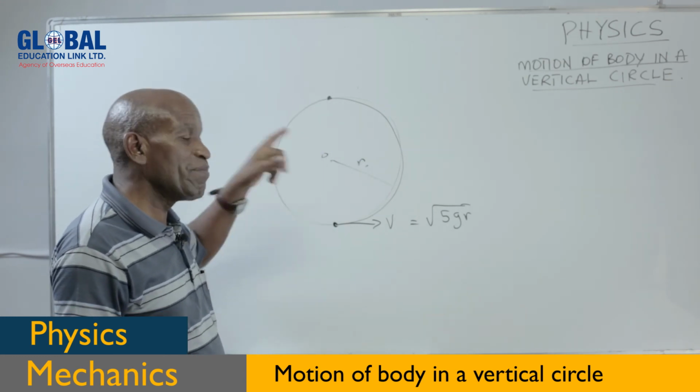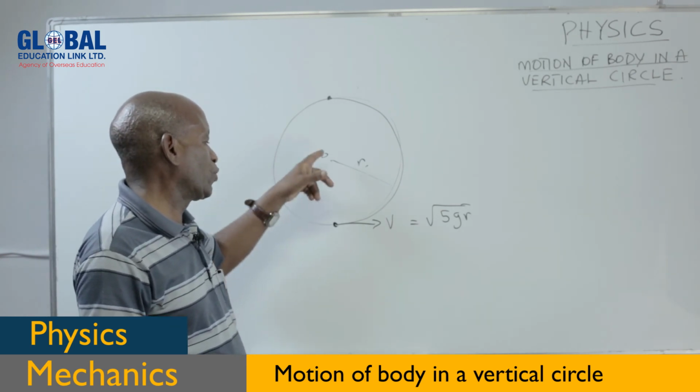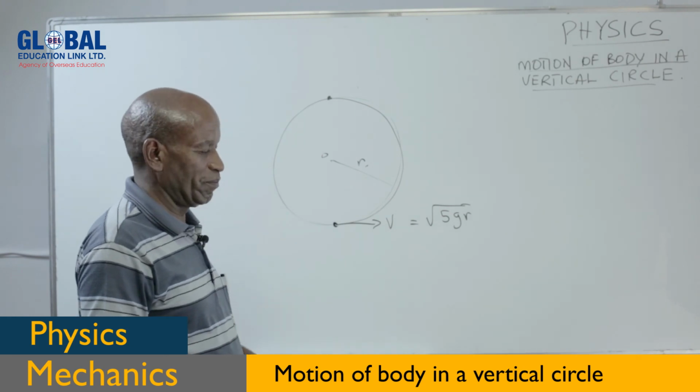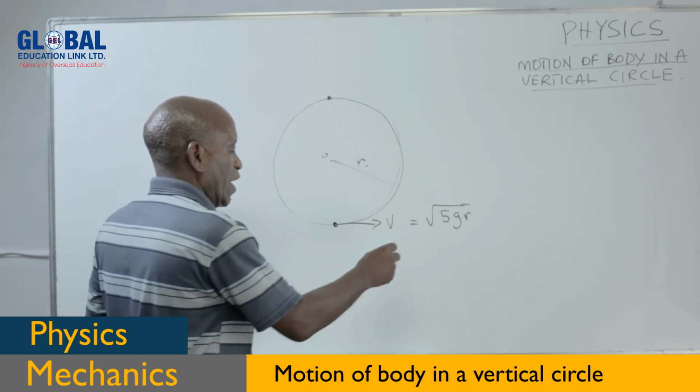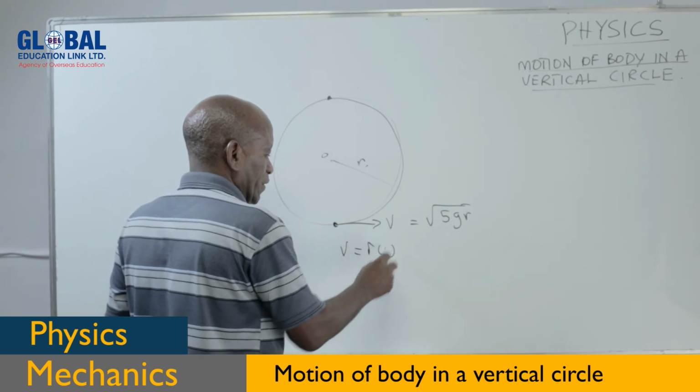Why? Because this is the minimum velocity at which the bucket will be able to pass at the bottom. Upon using this, you know that V is equal to R omega.